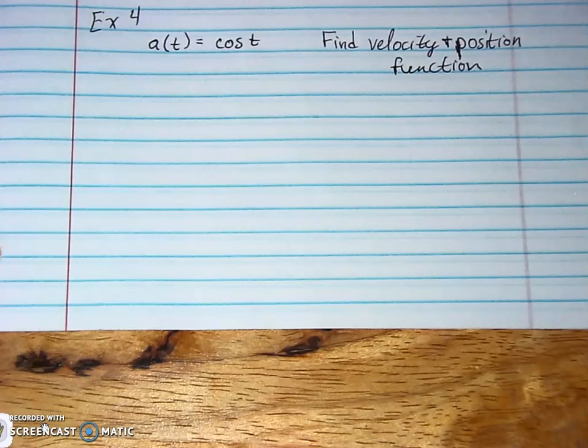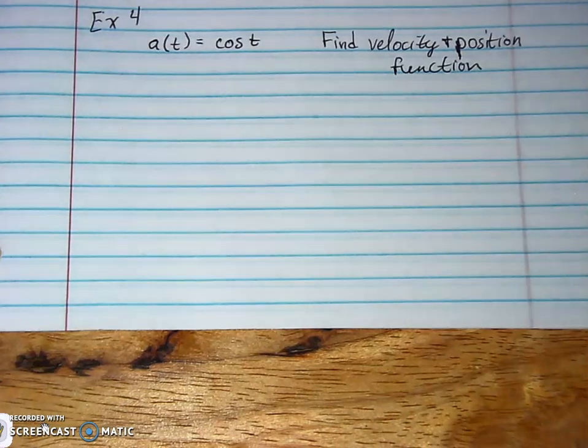So that means we need to go from the second derivative back to the first derivative, and then from the first derivative back to the original equation. So we're going to do this twice.